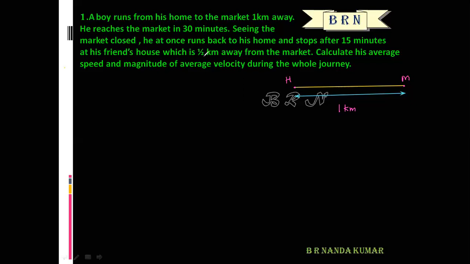Now consider one more location, that is the friend's house. F is the friend's house. Seeing the market closed, he at once runs back and stops after 15 minutes at his friend's house, which is half kilometer away from the market.